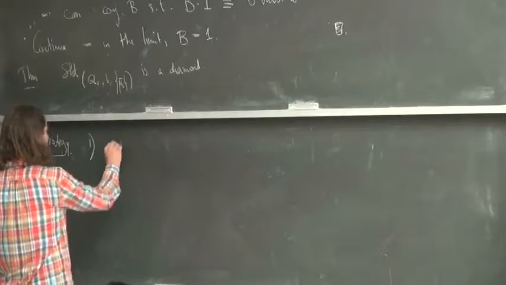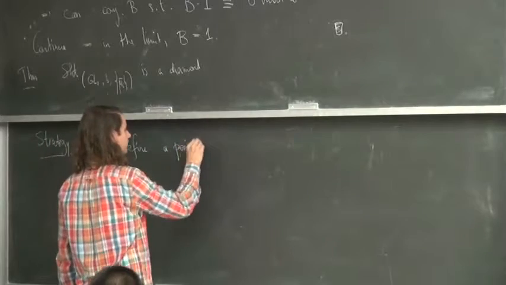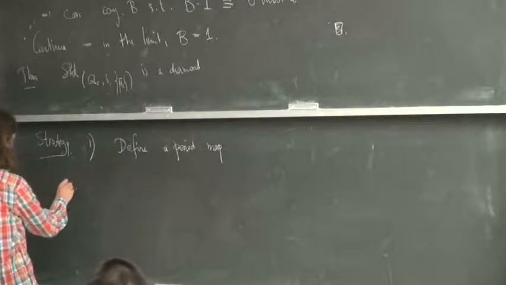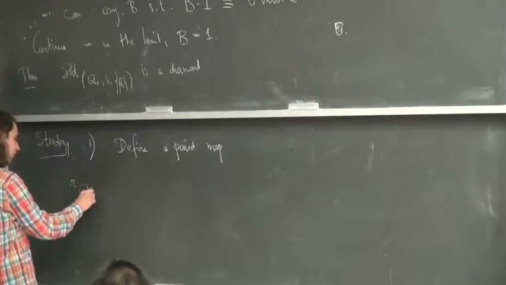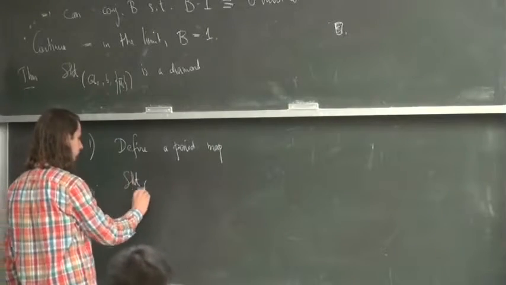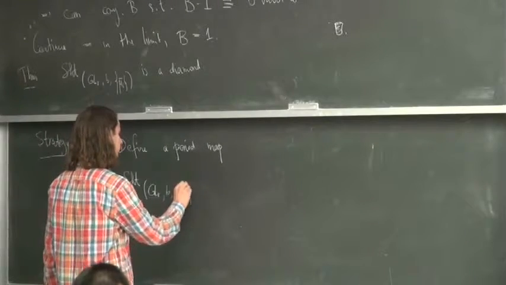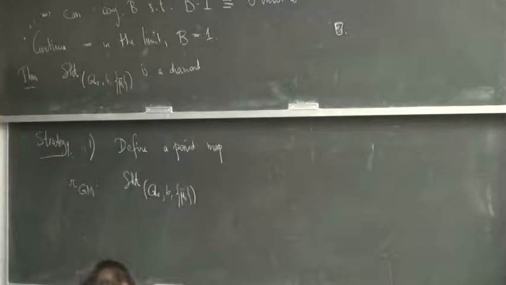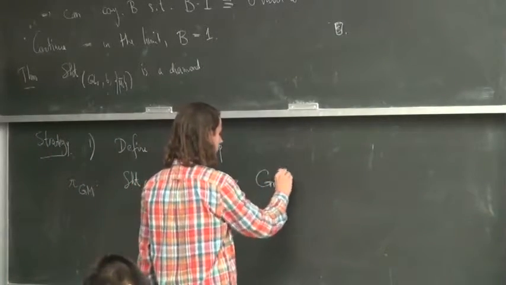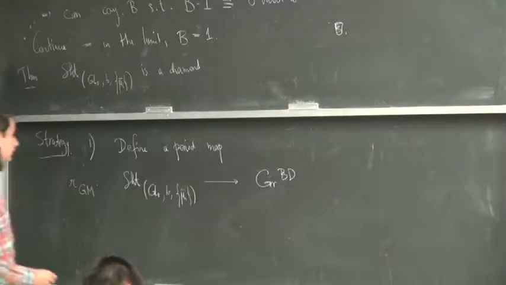So the strategy is the following. First we define a period map, let's still call it a Grothendieck-Messing style period map, which goes from the space of shtukas to some Beilinson-Drinfeld Grassmannian, which I will introduce later.